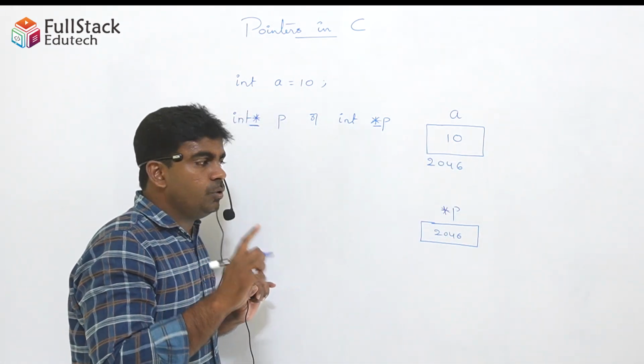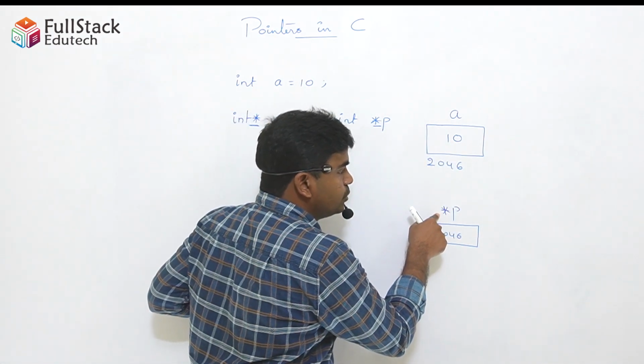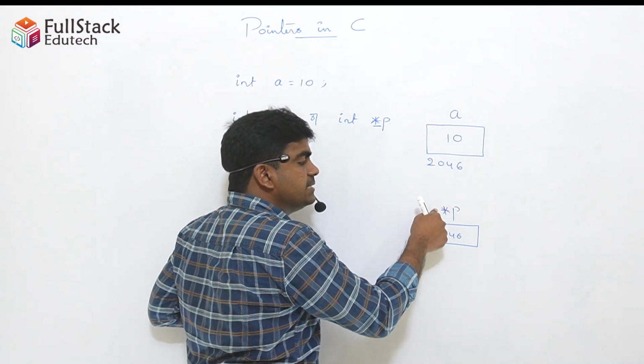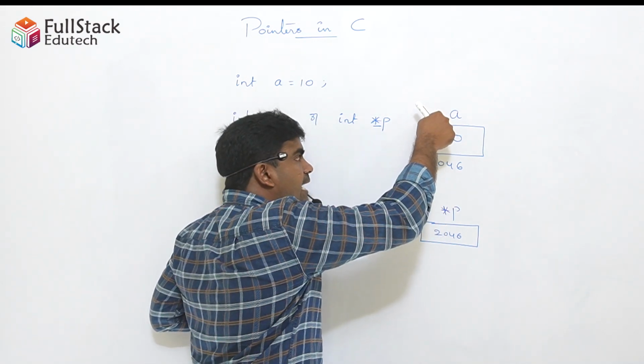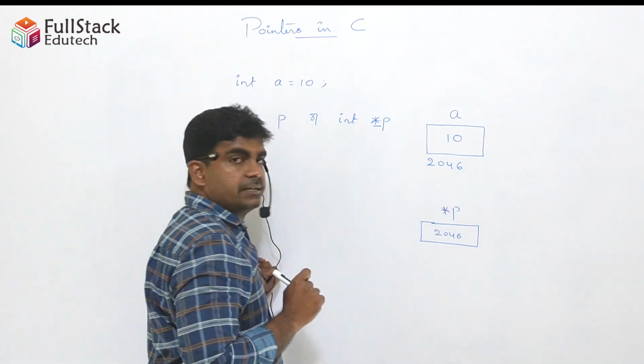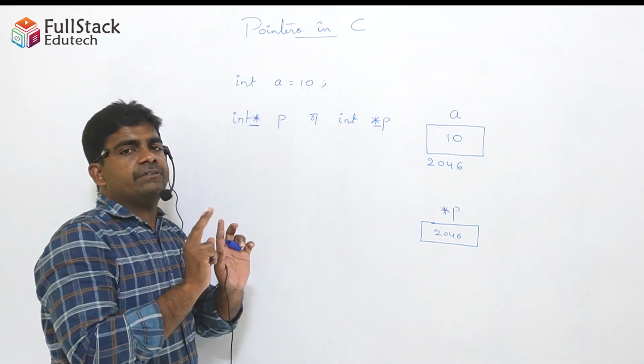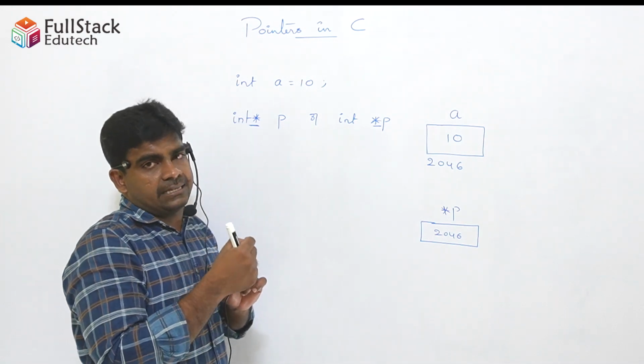Integer data. So, this pointer is also integer. If this variable is an integer, this pointer is integer. If this variable is a character, the pointer should be character. Both should match.